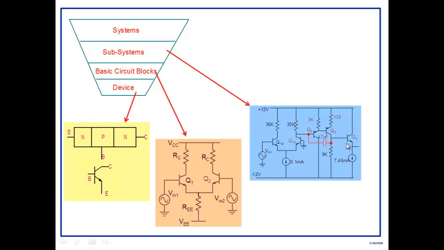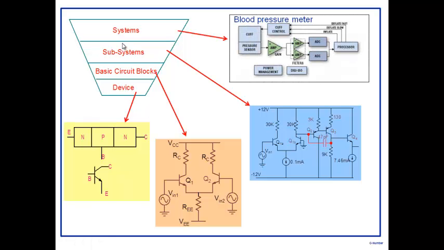We put them all together and we make a subsystem. An example of a subsystem is an op-amp. Then we take op-amps and we take oscillators and we take other blocks and put them all together to make an analog system. This is an automatic blood pressure meter. So it's made up of amplifiers, comparators, A to D, D to A, and all kinds of things that are there here.